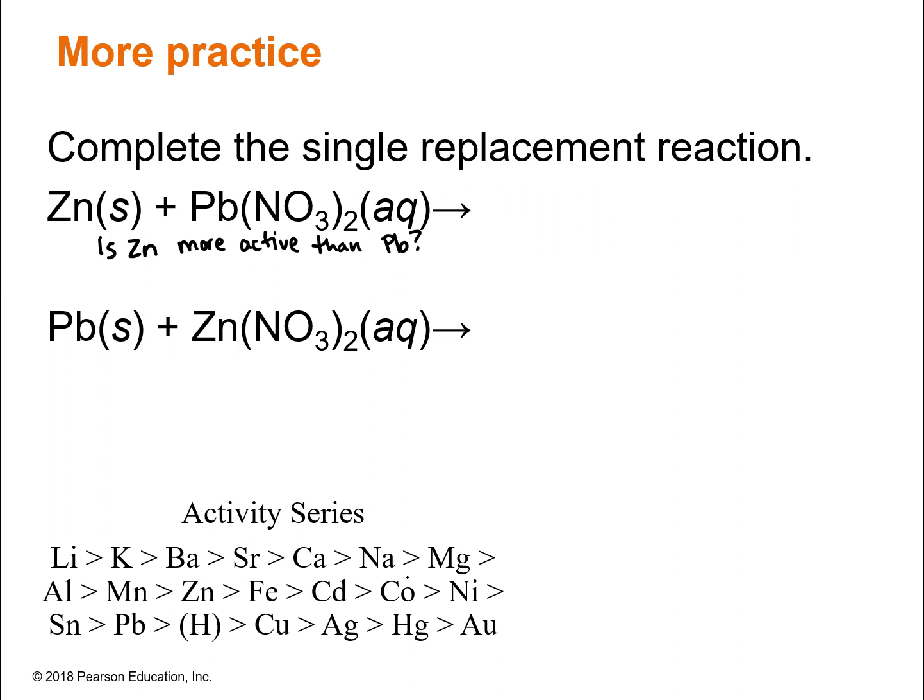Let's find them. Here's zinc. Here's lead. Since zinc comes before lead, yes, zinc is more active. So that means you're going to swap these. You're going to have solid lead and aqueous zinc nitrate.